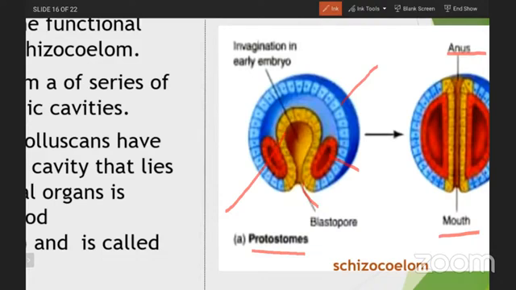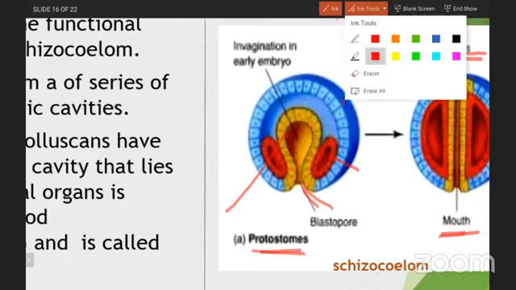And this is the blastocoel, which has a pore called the blastopore. Here we give one term, protostome, meaning the organisms in which the mouth forms first and then onwards the anus.